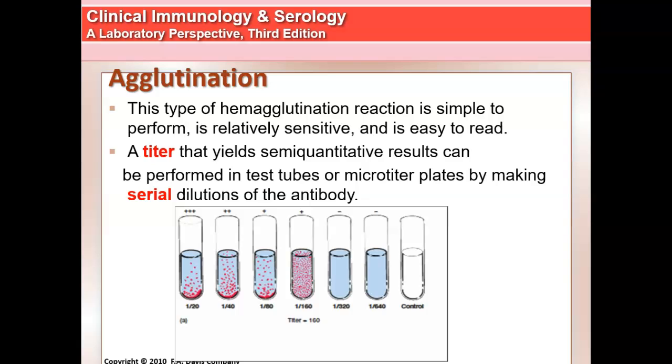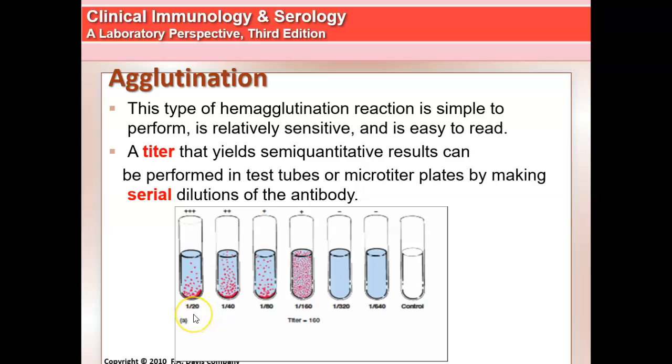This type of hemagglutination reaction is simple to perform, relatively sensitive, and very easy to read. A titer that yields a semi-quantitative result can be performed in test tubes or microtiter plates by making serial dilutions of the antibody. So let's take a look at this example here.